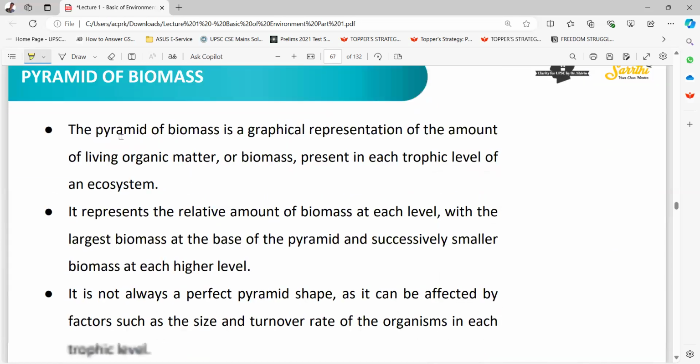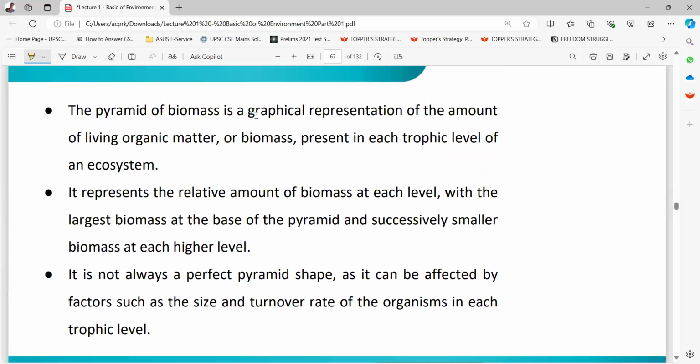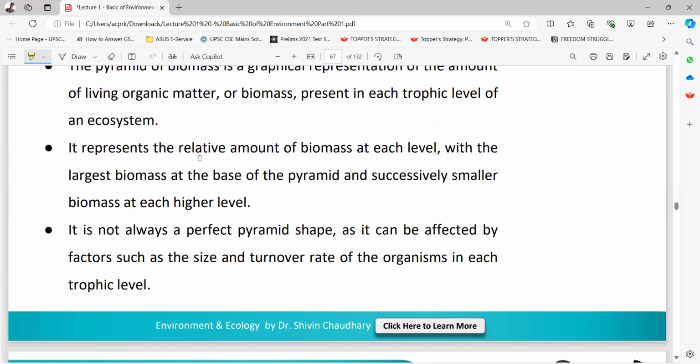Pyramid of biomass. The pyramid of biomass is a graphical representation of the amount of living organic matter, or biomass, present in each trophic level of an ecosystem. It represents the relative amount of biomass at each level, with the largest biomass at the base of the pyramid and successively smaller biomass at each higher level.